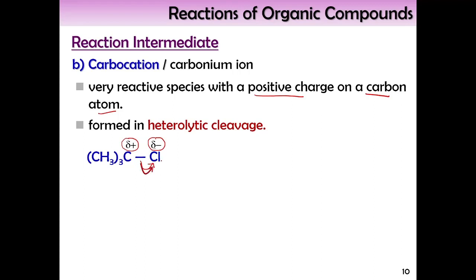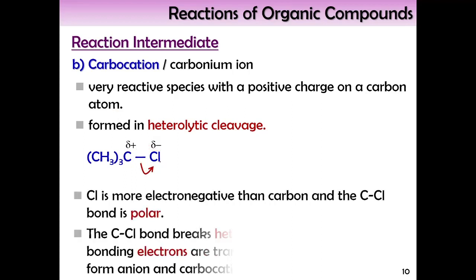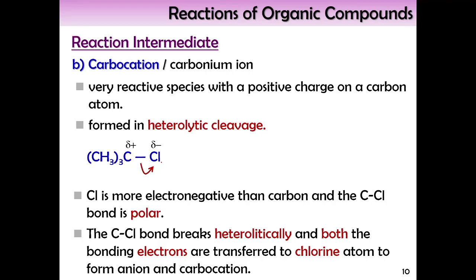In this case, both electrons are going to be transferred to Cl. So there are 2 electrons here at the Cl, and this one becomes an anion, and the other one will become a carbocation.